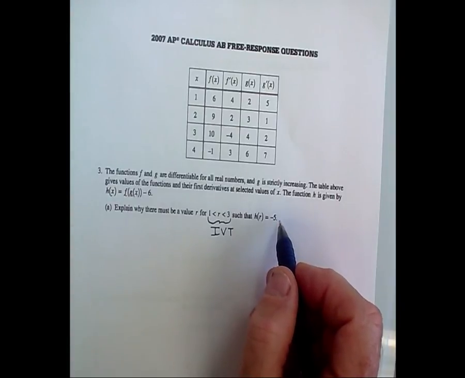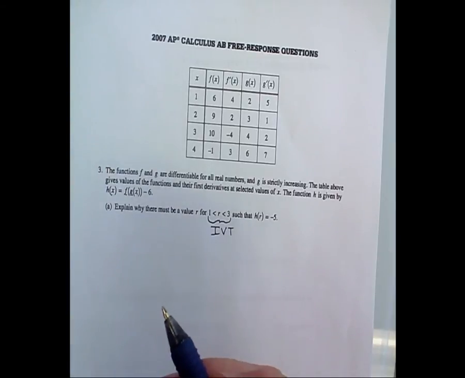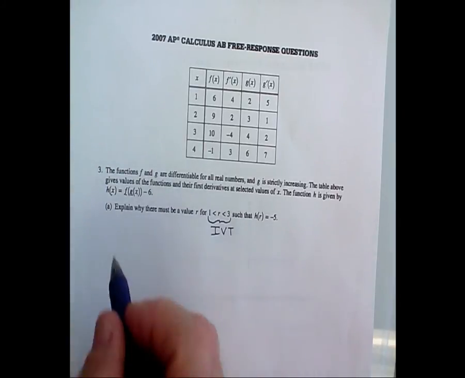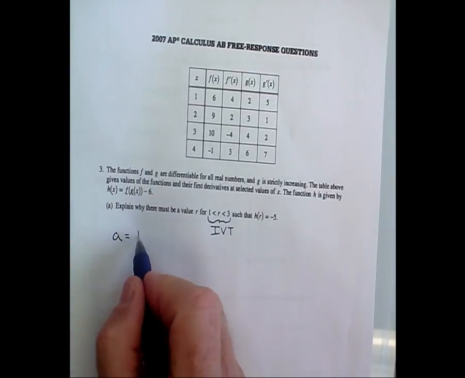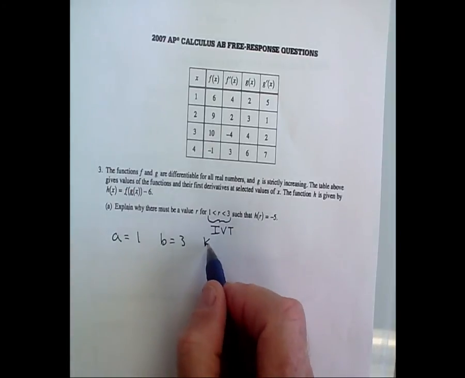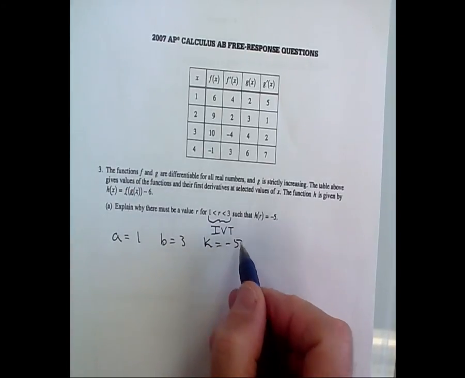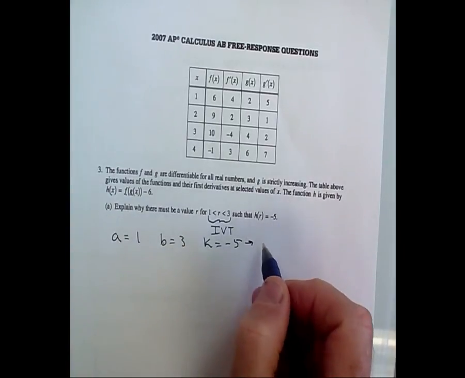So Owen, excuse me, I'm going to pick Ryan. Is that okay, Owen? Okay. Ryan, what's A? 1. What's B? 3. What's K? Negative 5. And K is a y value.